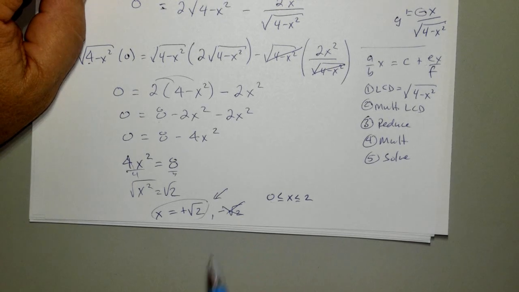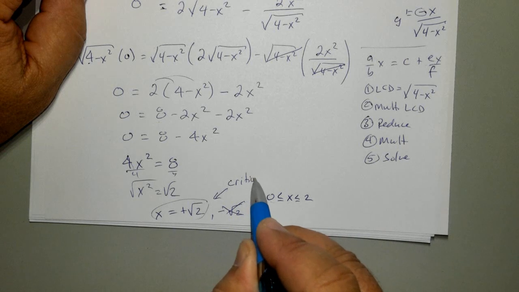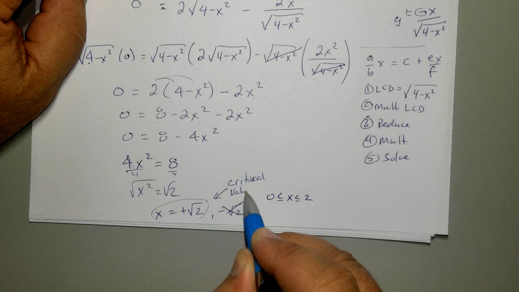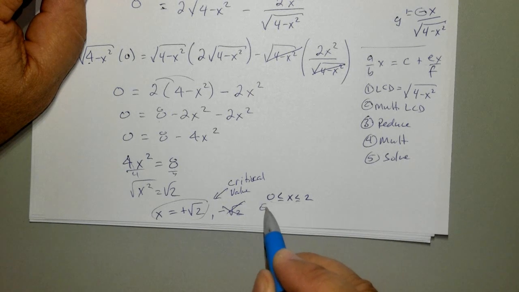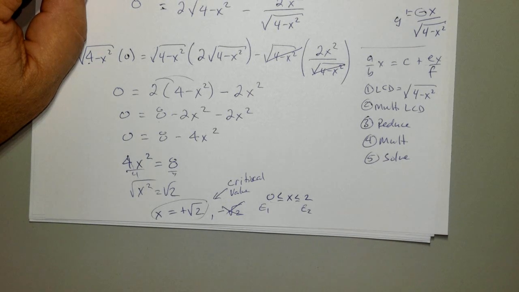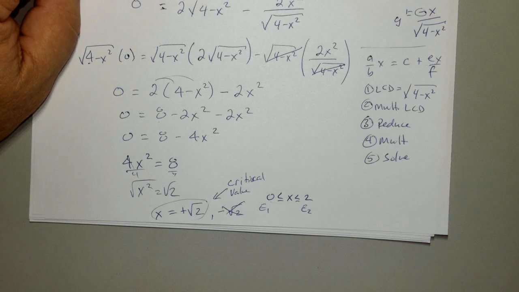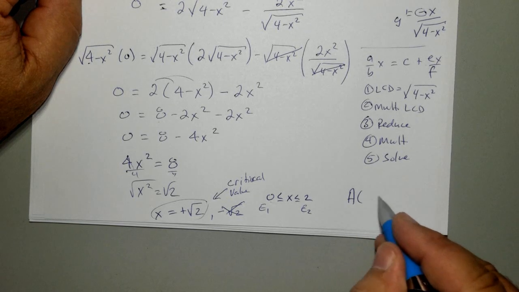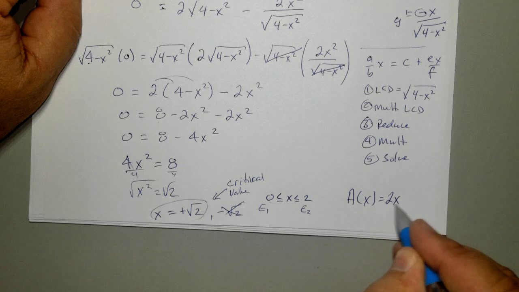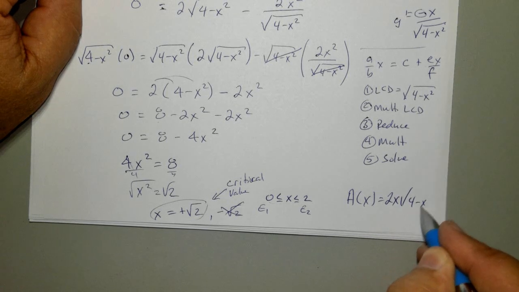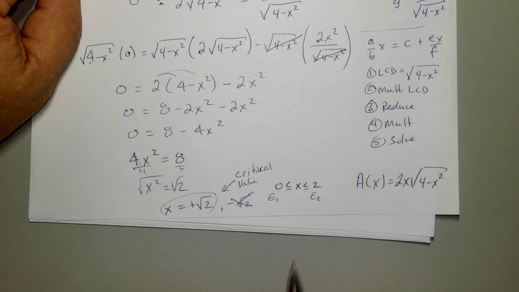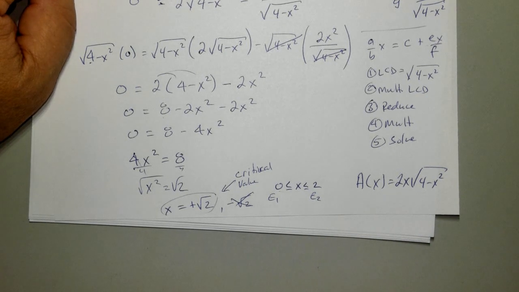This is our critical point. Critical value. These are my endpoints. Endpoint 1, endpoint 2. Where do we put them to check to see what they are? In the original equation. Plug in all three of those and see which one becomes the largest.